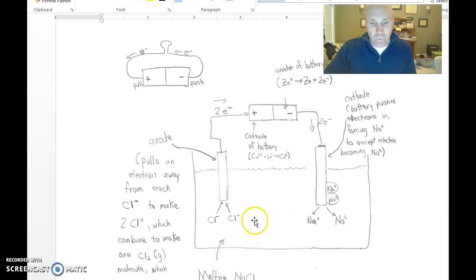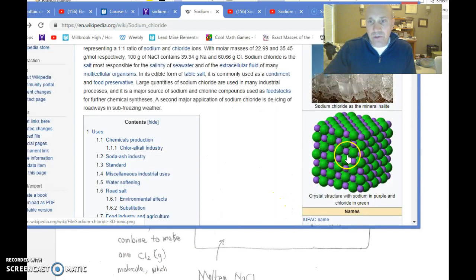One thing to point out is why does it have to be melted sodium chloride? Well, the reason is if you took a look at the structure of solid sodium chloride, it exists in what we call a crystal lattice arrangement, where you have this alternating pattern of positively charged sodium ions, the purple ones, and the negatively charged chloride ions, and these are all locked in place.